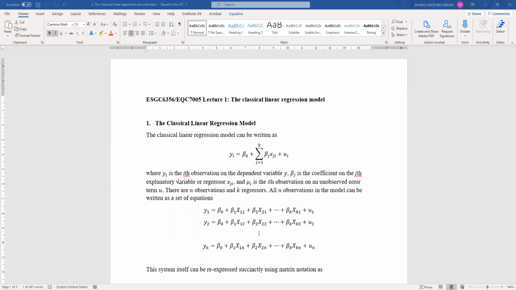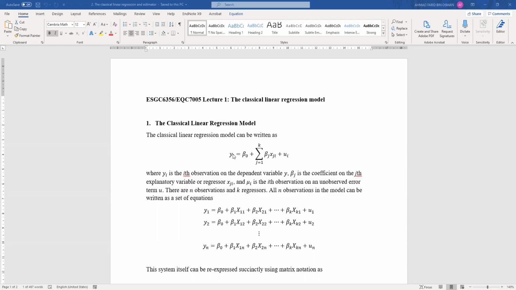Where yi is the ith observation on the dependent variable y, beta j is the coefficient on the jth explanatory variable or regressor xji, and ui is the ith observation on an unobserved error term u. So there are n observations and k regressors, x1, x2, up to xk, and n observations.